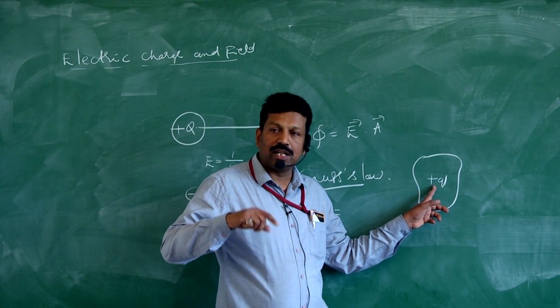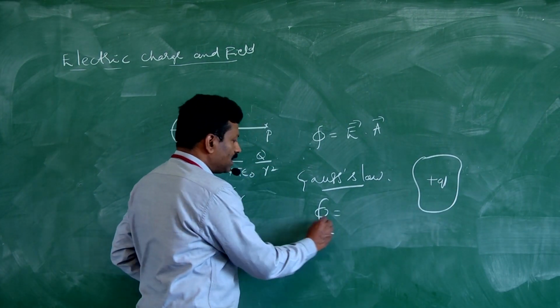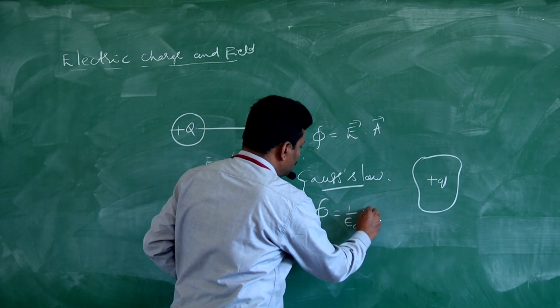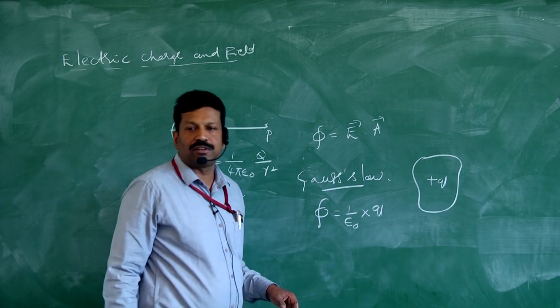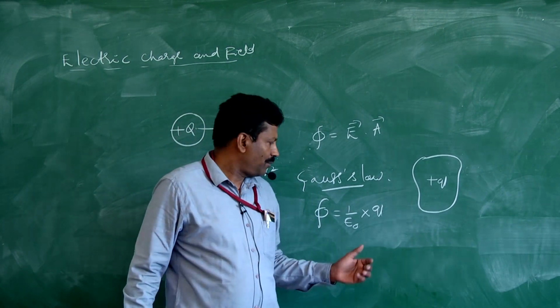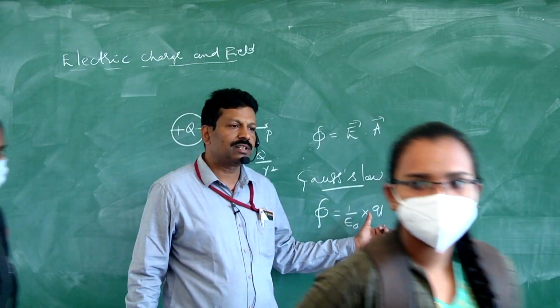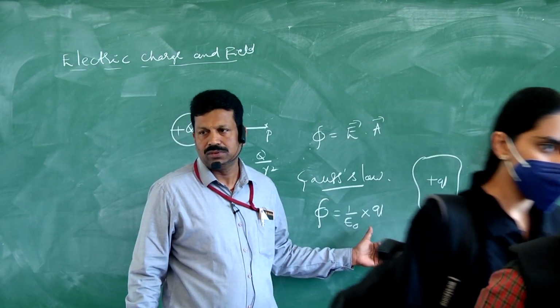So the electric flux associated with this surface is equal to 1 by epsilon naught times the charge enclosed by the surface. So electric flux phi is equal to 1 by epsilon naught times the charge enclosed by the surface. So this is the Gauss's law, right?